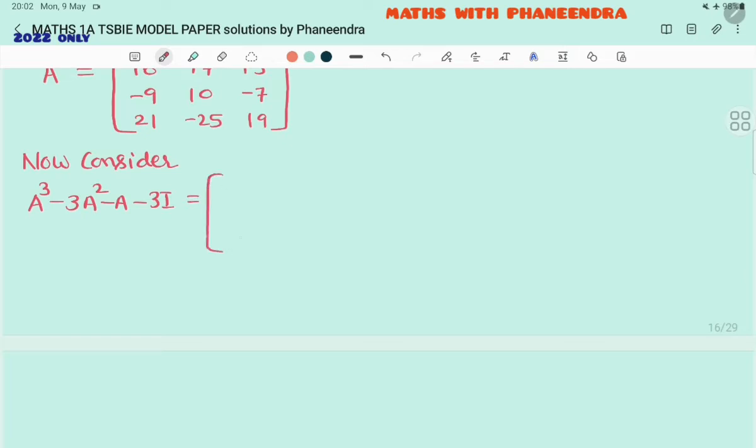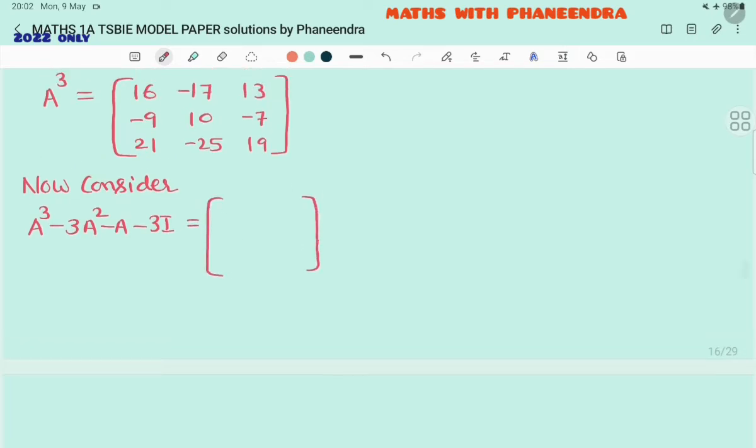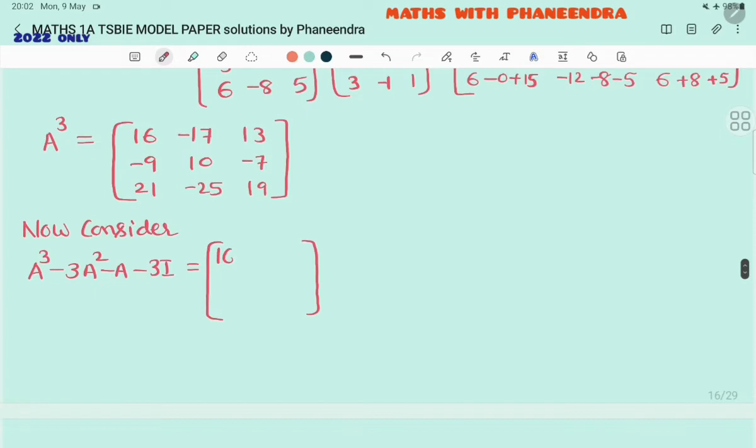So a cube means this matrix: 16 minus 17 13, minus 9 10 minus 7, 21 minus 25 19, minus 3 into a square value.